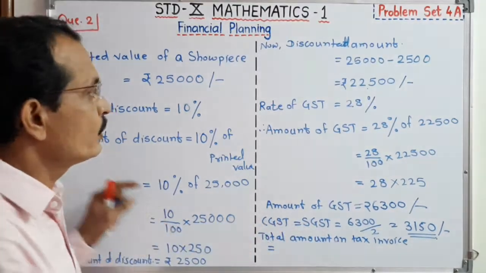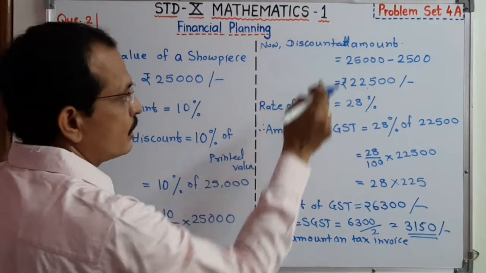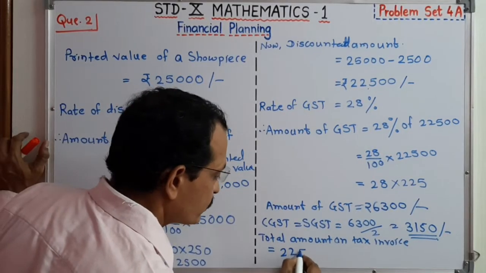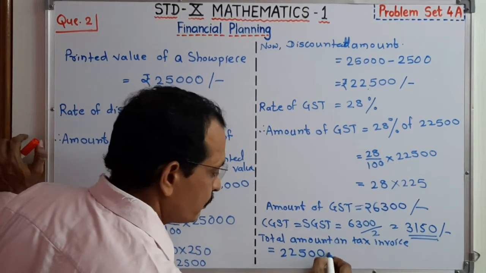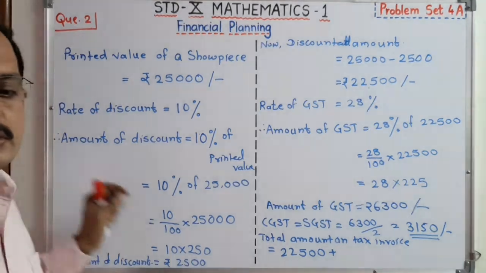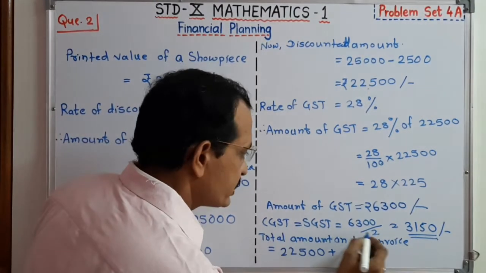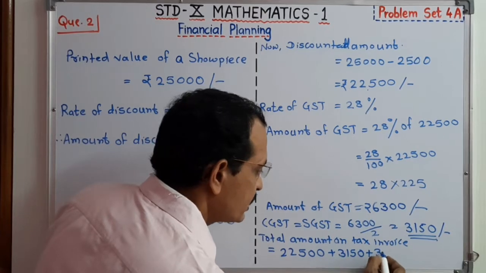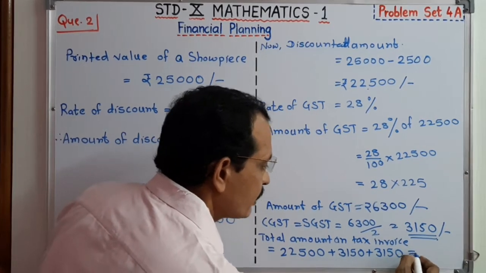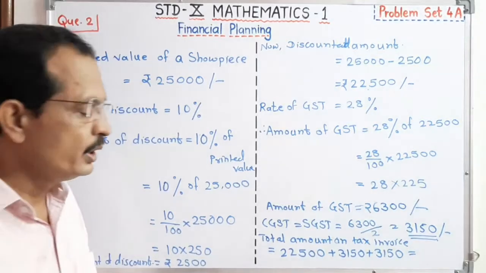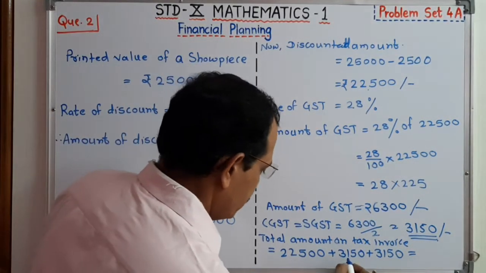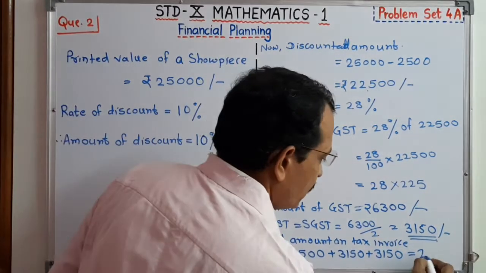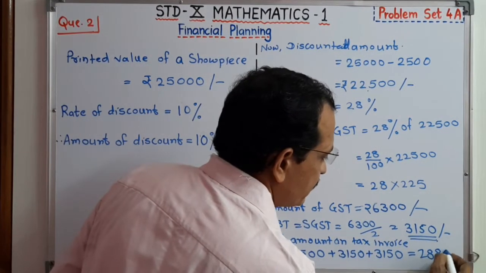First of all, we have to find out the taxable value, that is the discounted amount, that is taxable value, is 22,500 plus CGST and SGST. CGST and SGST will be the same, 3150 plus 3150. Therefore, the total amount is 28,800.